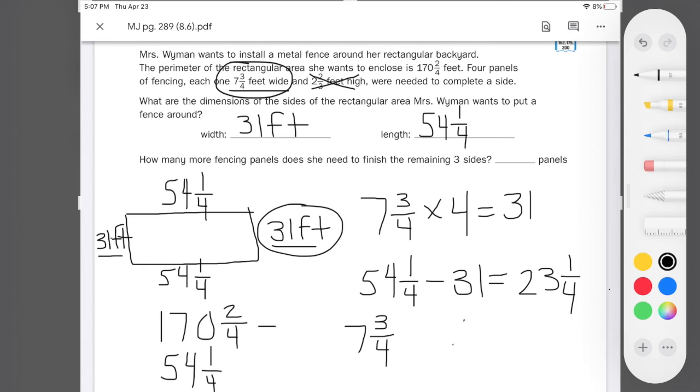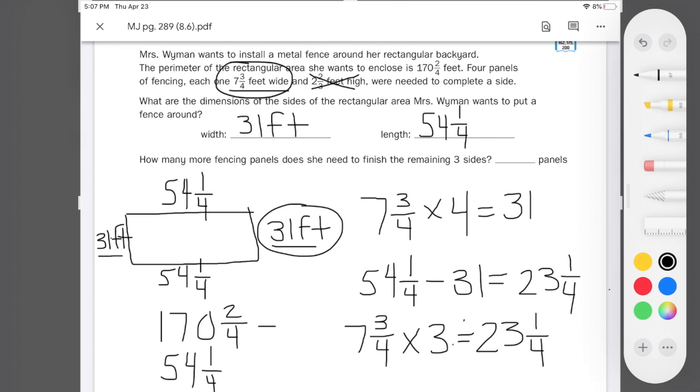Okay. So, if I just guess and check around, which depending on how good at your facts you are, the faster you're going to do them. So 7 3/4, I just know 7 3/4 times 3 is going to get me 23 and 1/4.